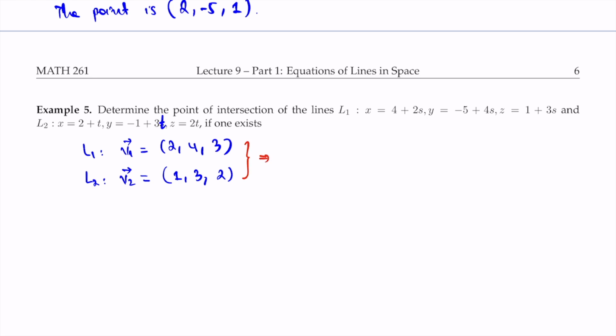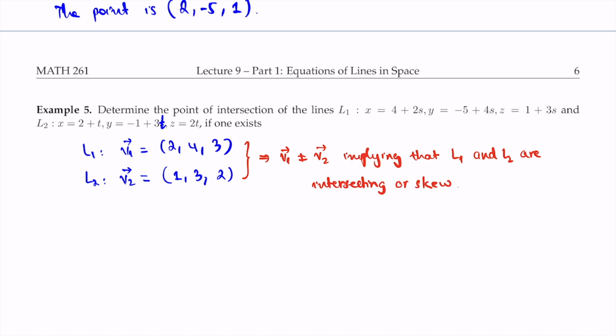From here, the two direction vectors are different, implying that L1 and L2 are intersecting or skew. Now suppose L1 and L2 are intersecting. We obtain the following system of equations.